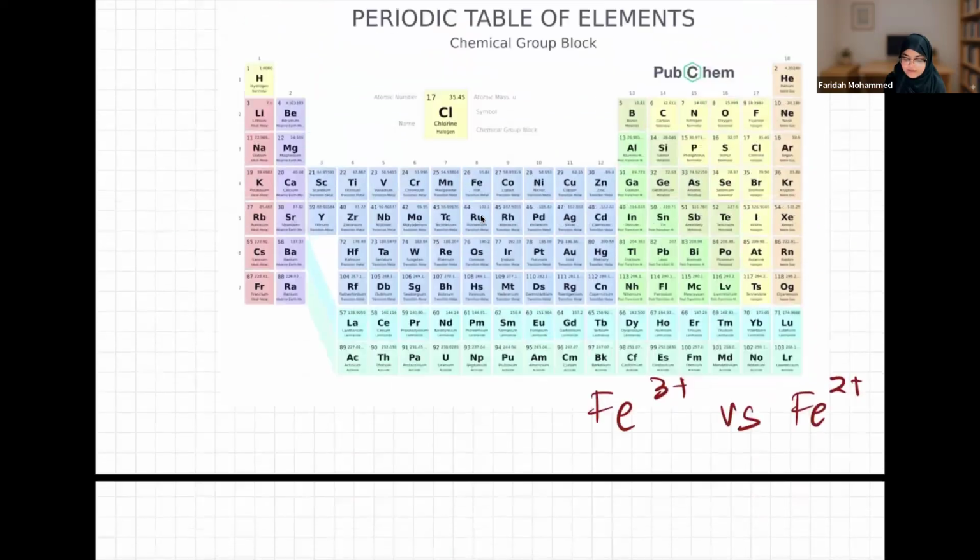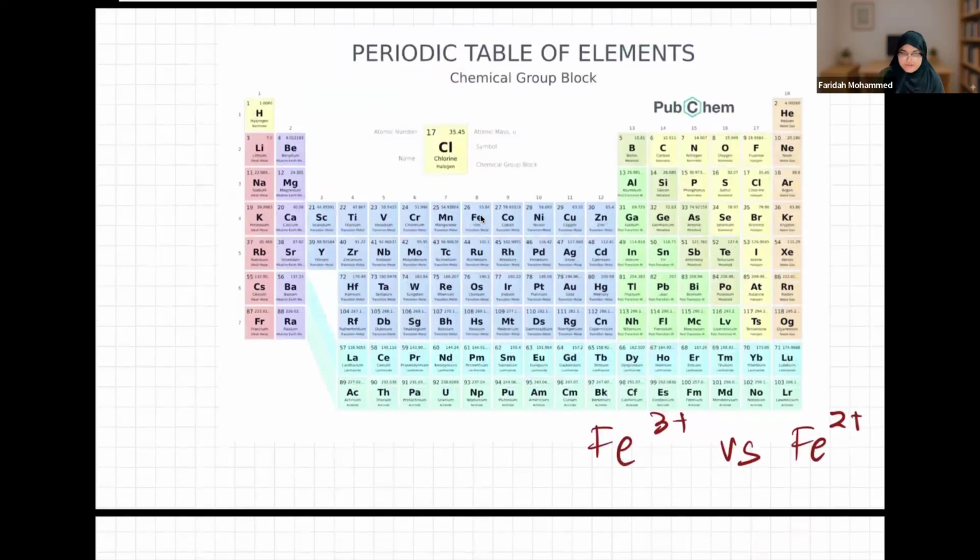I need the configuration, guys. Fe3+ and Fe2+. It's not a part of the reasoning, but I need the configuration. Okay, write down the configuration first before you start your answer.